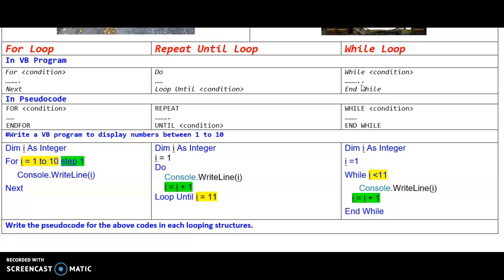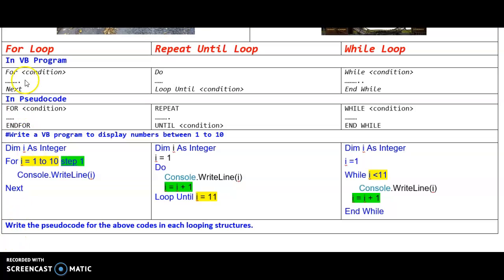Now let's slowly enter the looping part. In programming or in pseudocode, there are mainly three kinds of looping. The first one is the for loop, the second one is the repeat until loop, and the third one is the while loop. Before getting an idea about it, we can just understand the structure of these three loops in programming as well as in pseudocode.